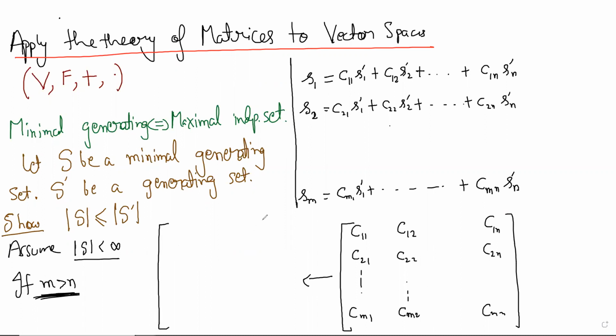If M is bigger than N, then there will be a zero row in the end. That has to be. Do you see this? When you do row reduced echelon form, yes, right?